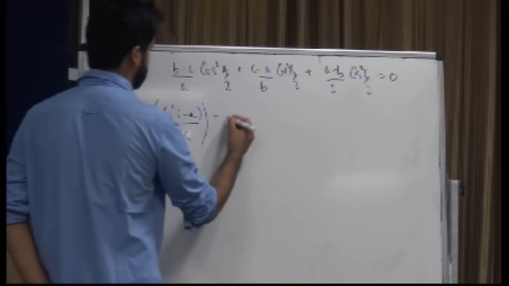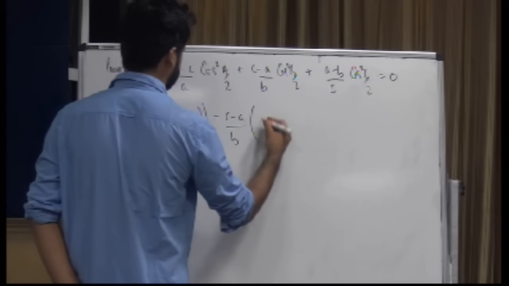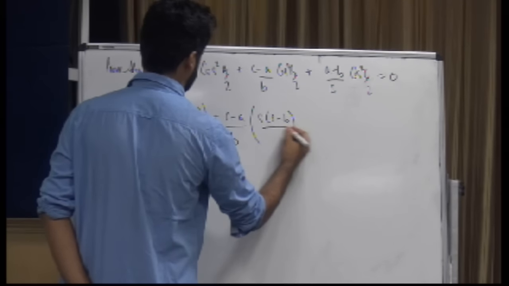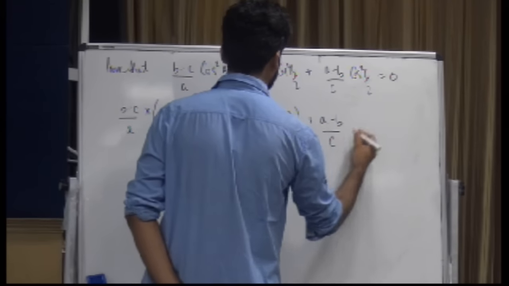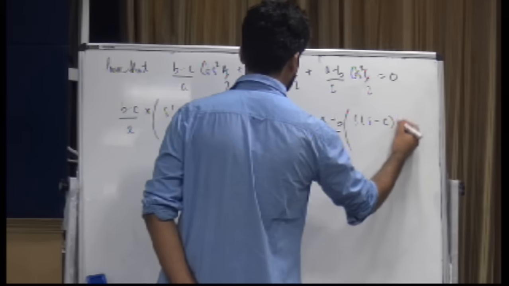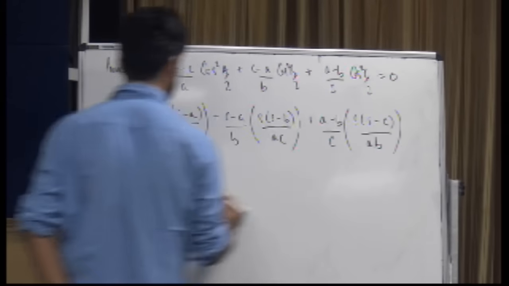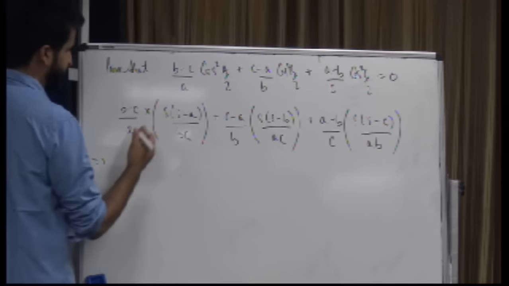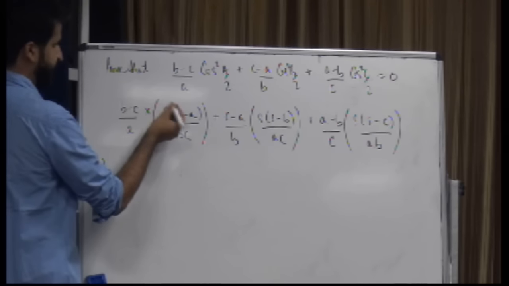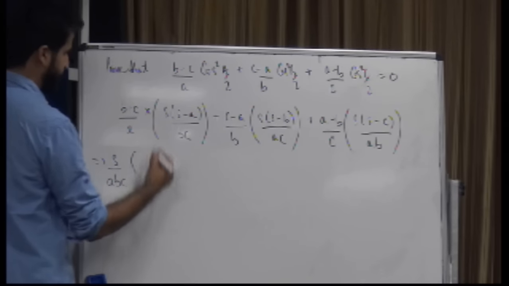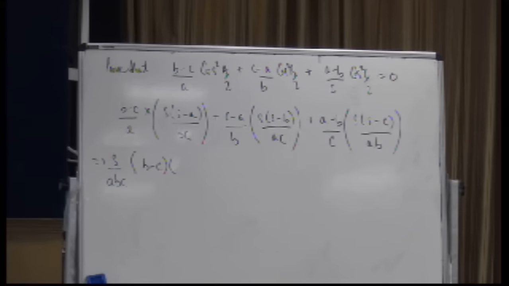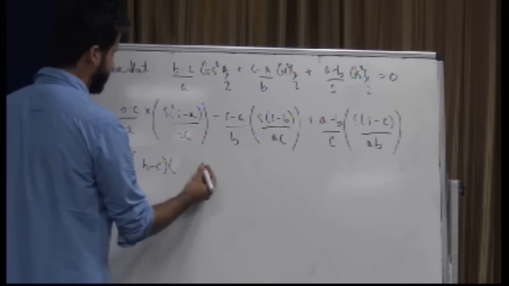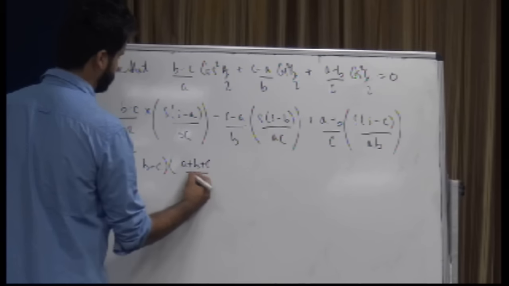Next term is plus the next one. So the common LCM is ABC from every side. What is common? S will be common. So S upon ABC is common. We get B minus C, and what is the value of S? A plus B plus C by 2. So S minus A will be equal to S minus A.